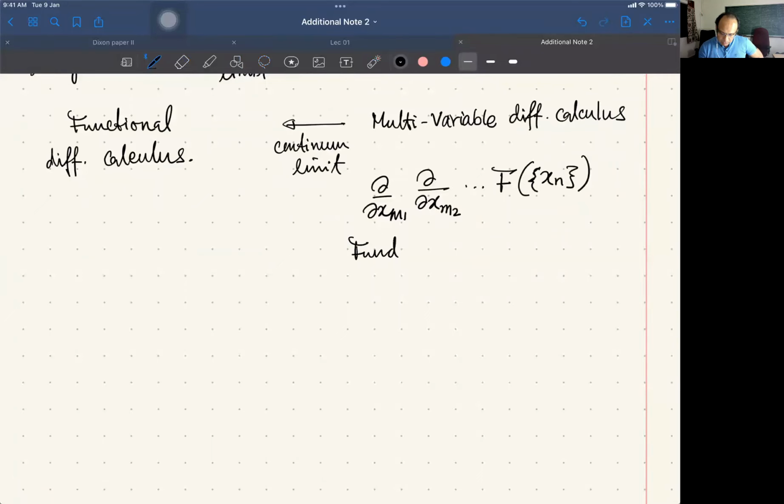The fundamental building block for this calculation is the result that del xm over del xm prime is nothing but Kronecker delta m comma m prime, because xm and xm prime are independent variables. That's what it is.